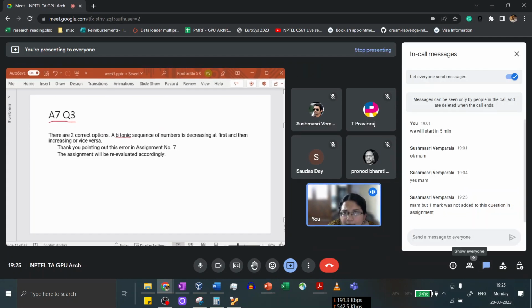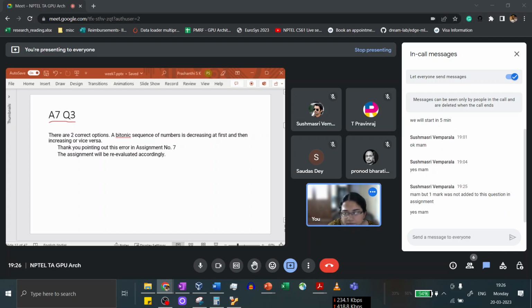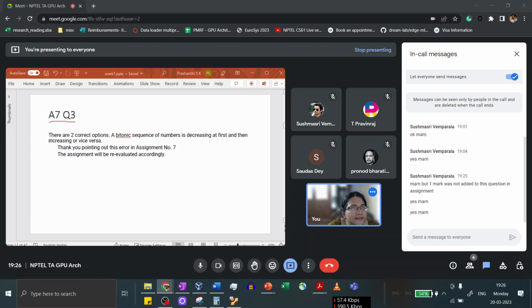One mark was not added to this question. Oh, the solutions were released, is it? I don't know, were the solutions released before this question was answered on the forum? Okay, so they might not have noticed it then. I'm guessing they would be manually correcting this in their tally of marks. Many times it happens that all of this is automated, right?